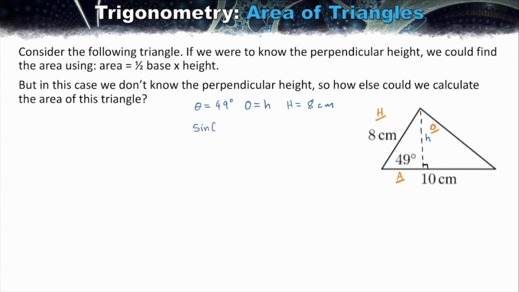So that's saying that sine theta will equal opposite over hypotenuse, which when we substitute in, will show us the sine of 49 degrees will equal our opposite, which is h, over the hypotenuse of 8. And obviously we now need to rearrange to get h on its own. So we'd multiply sine 49 with 8. I'll just show that working out. So we're multiplying here by 8, multiplying here by 8. I'm going to write h equals here, but it's 8 times sine of 49 degrees.